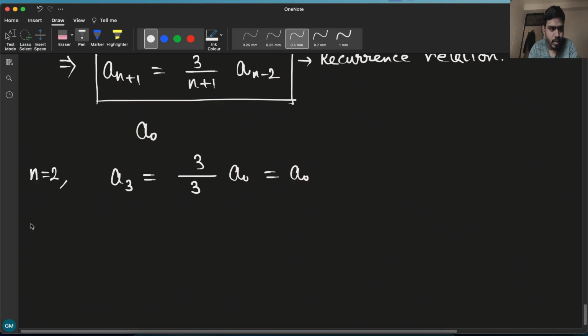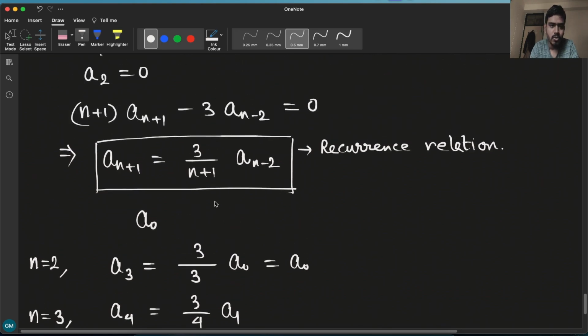If I put n equals 3, we will get a4 equals 3 by 4 times a1, right?